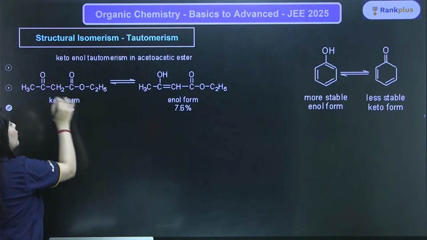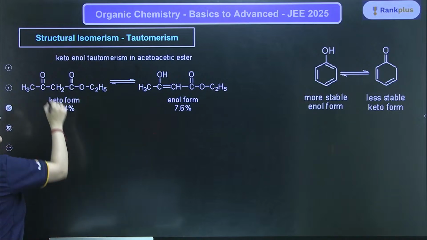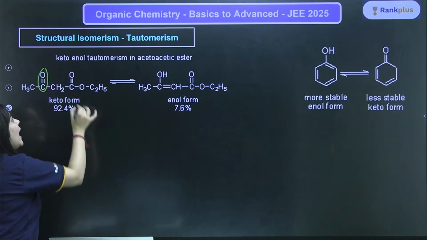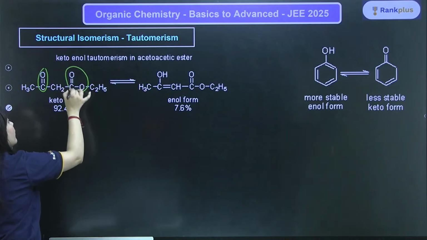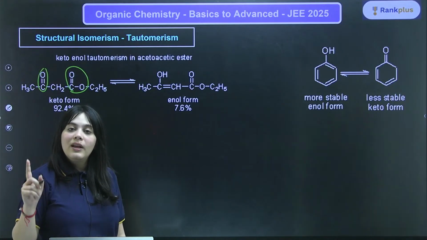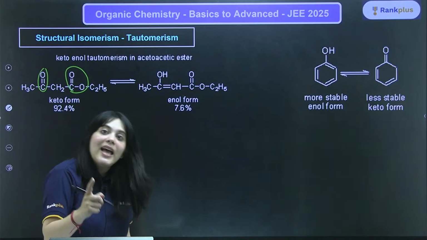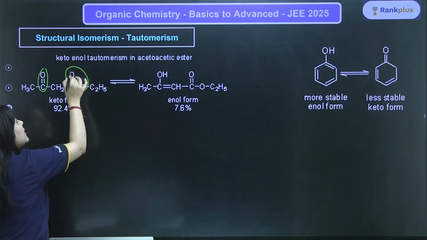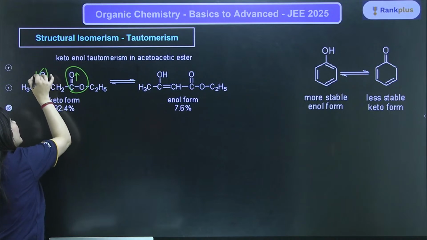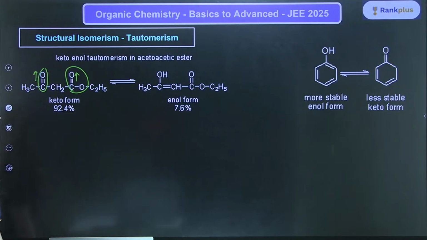Now what is happening? Look at this example. Here there is one electron withdrawing group over here. Can everyone see? The other group is an ester group over here. This is not a keto group, this is an ester group. Everyone can see the ester group. But once again, this ester group has a C double bond O group. So this is the electron withdrawing group, and here once again this is the electron withdrawing group, right?